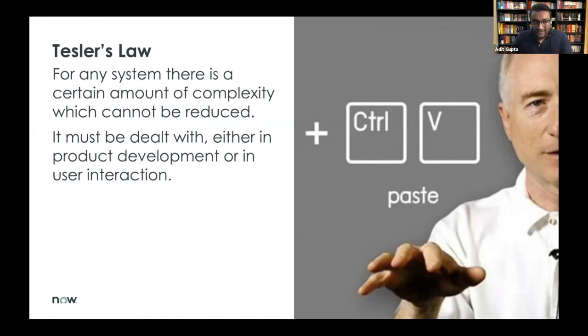And Larry said that for any system, there is a certain amount of complexity which cannot be reduced, and we have to deal with it. So either this complexity is dealt with by us in product development, or we give it to our users and let them deal with complexity. And we certainly don't want that as designers.